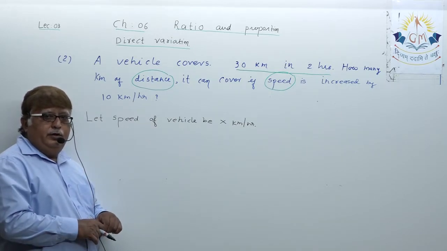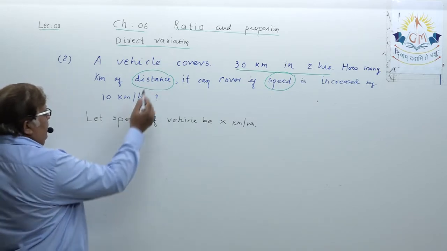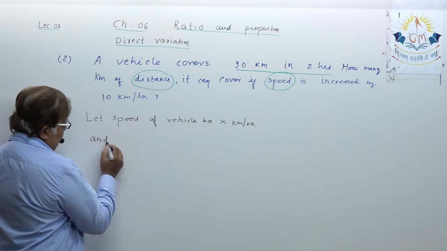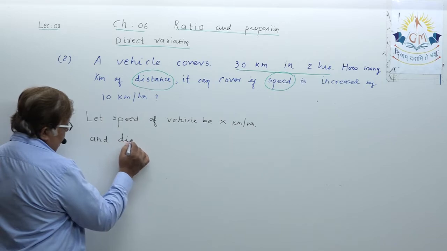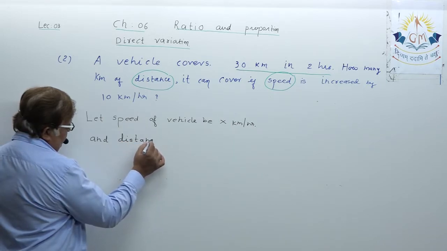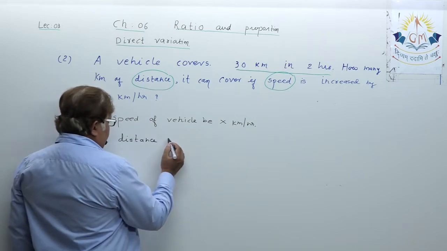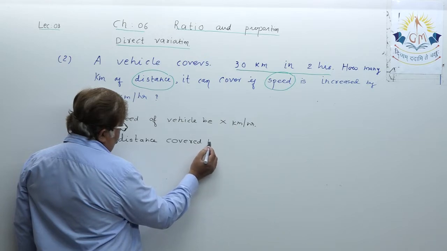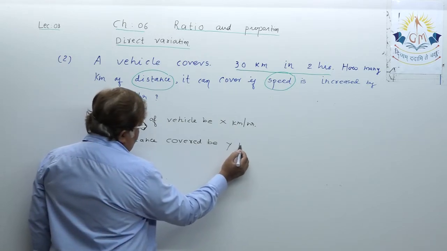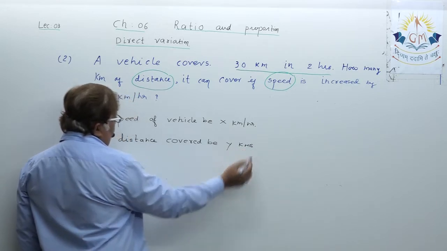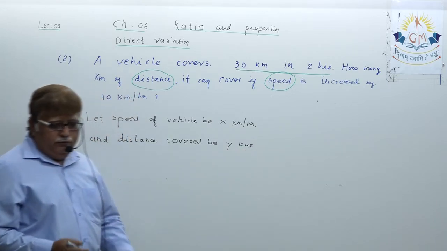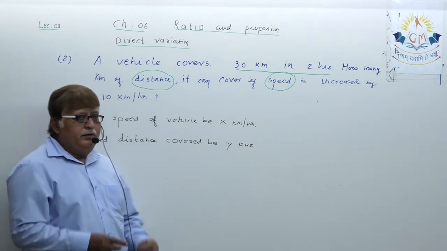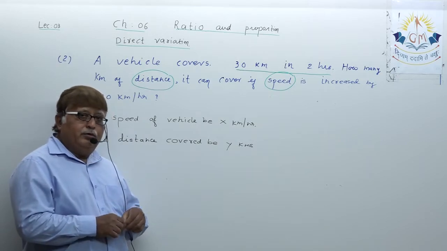x kilometer per hour, and distance covered be y kilometer. This is very important, dear student, to guess from the given example which two physical quantities you need to compare.